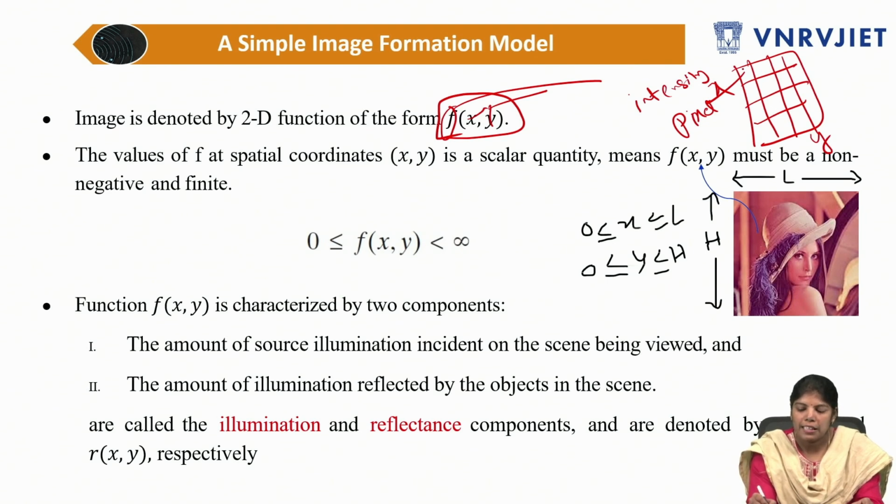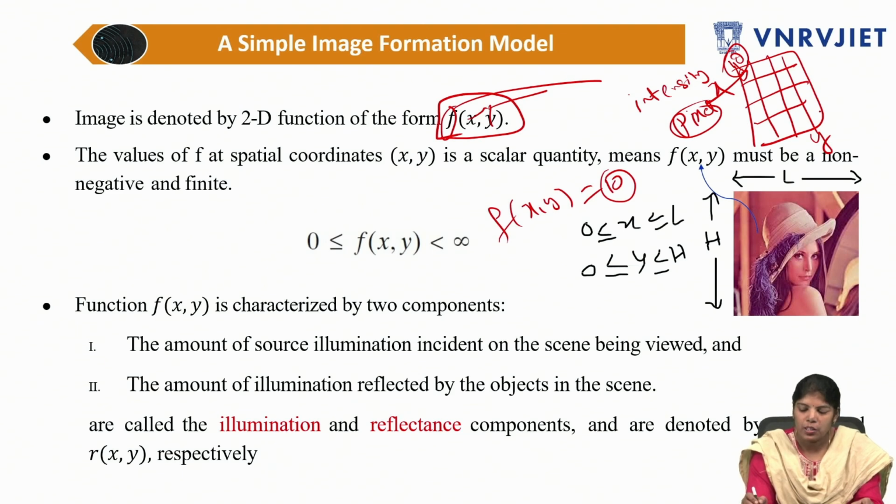The pixel value is represented with the help of the function f. So f(x, y) has a certain value. For example, 10 represents a pixel of value 10. This is the intensity of the pixel, and x, y are its coordinates.